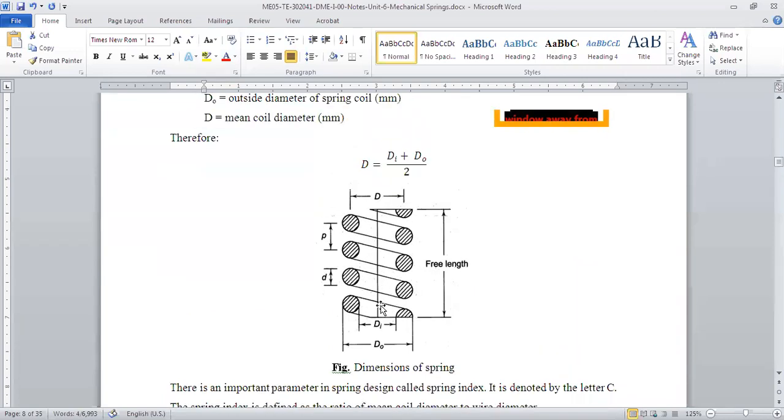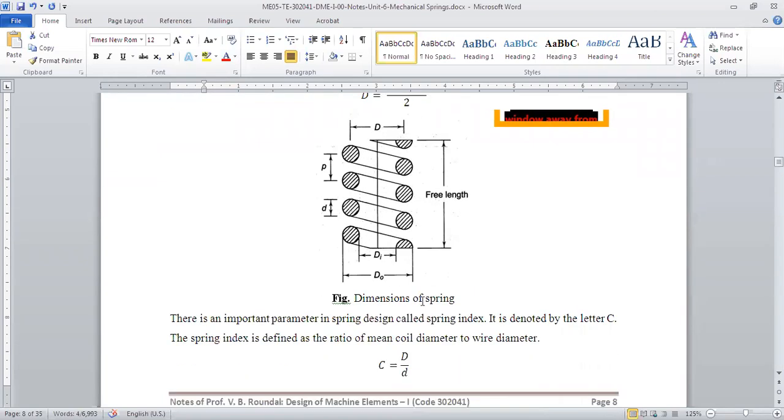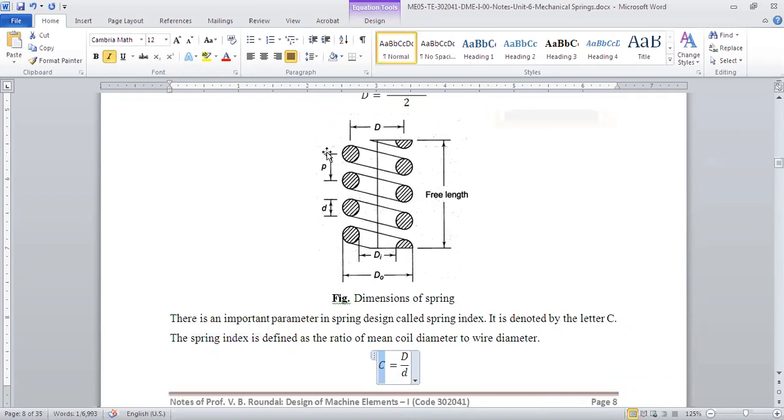Now we need to understand an important ratio that is called the spring index. Just remember that this is an important ratio. It is denoted by the symbol capital C. It is the ratio of capital D upon small d. Now what is capital D? Capital D is the mean coil diameter. So whatever spring you are having, if you take the diameter of the coil, not the wire, the mean diameter, that will be capital D, and small d is the diameter of the wire, right?